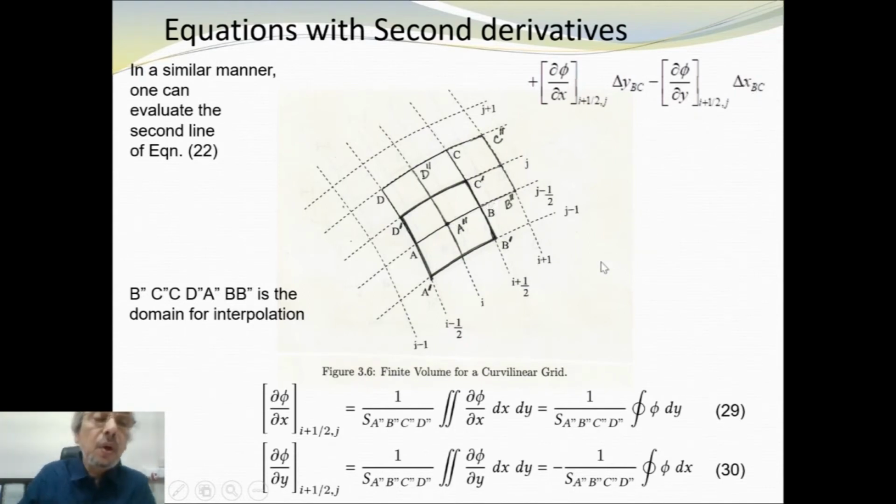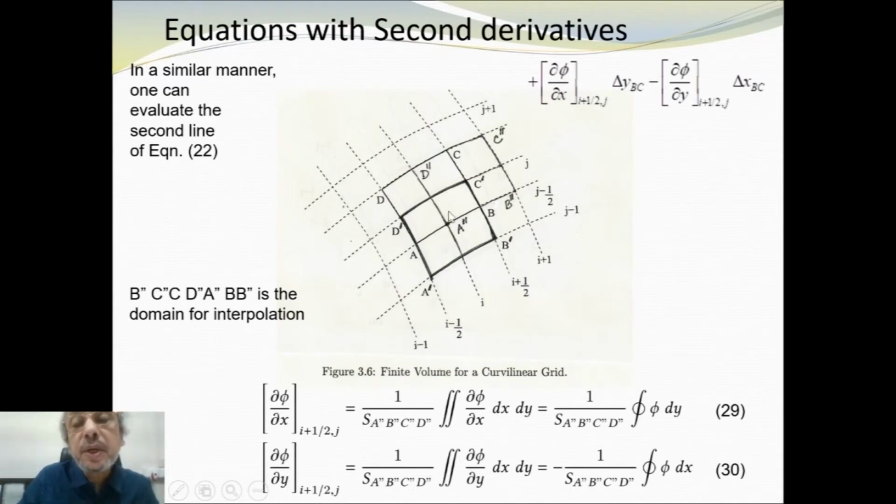So in order to find out this del phi del x quantity and del phi del y quantity here, like we did in the earlier case, we have to integrate them over this domain, which we can call the domain of interpolation, and this we are defining as a double prime, b double prime, c double prime, and d double prime.